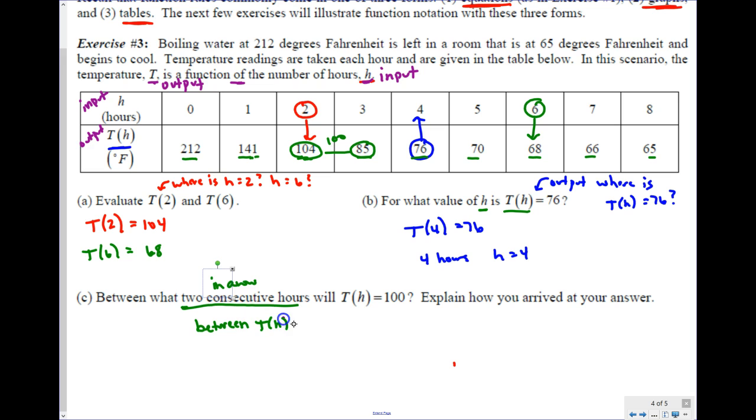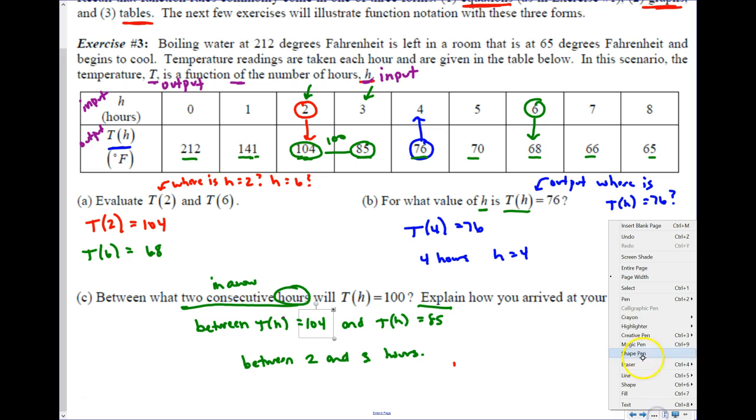But this question is asking for hours. So I'm going to find the matching hours. The matching hours are 2 and 3. So I'm going to say between 2 and 3 hours.